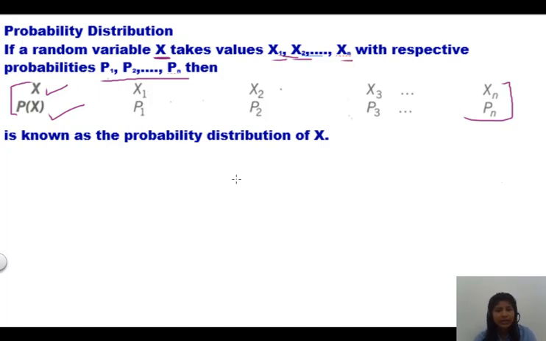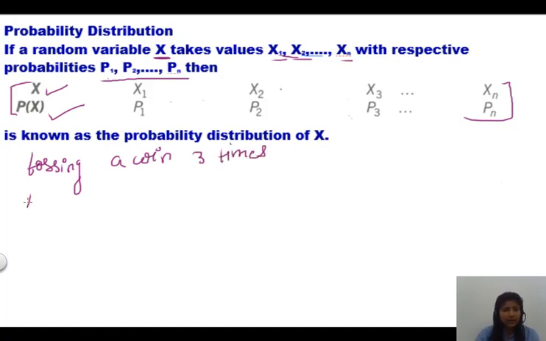How do we do it? Let us see. In tossing a coin 3 times, the number of outcomes were 8, which were head, head, head. I am again writing them: head, tail, head.